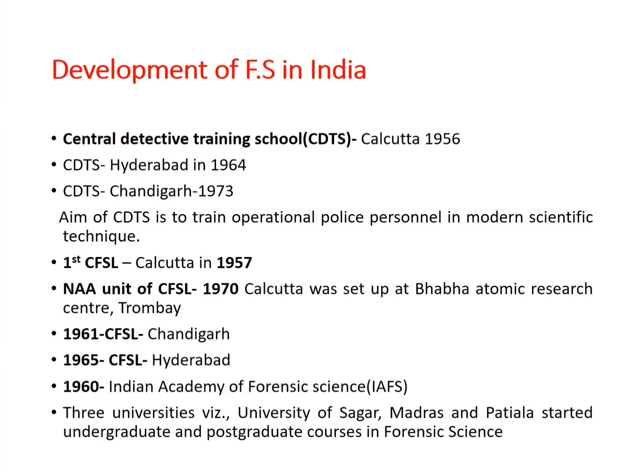Then later on, for the application of nuclear methods of analysis to criminal investigation, the Neutron Activation Analysis Unit of CFSL Calcutta was set up in 1970 at the Bhabha Atomic Research Center, Trombay. Then in the year 1961, CFSL Chandigarh was established. Later on, in the year 1965, CFSL Hyderabad was established because of the need for criminal investigation.